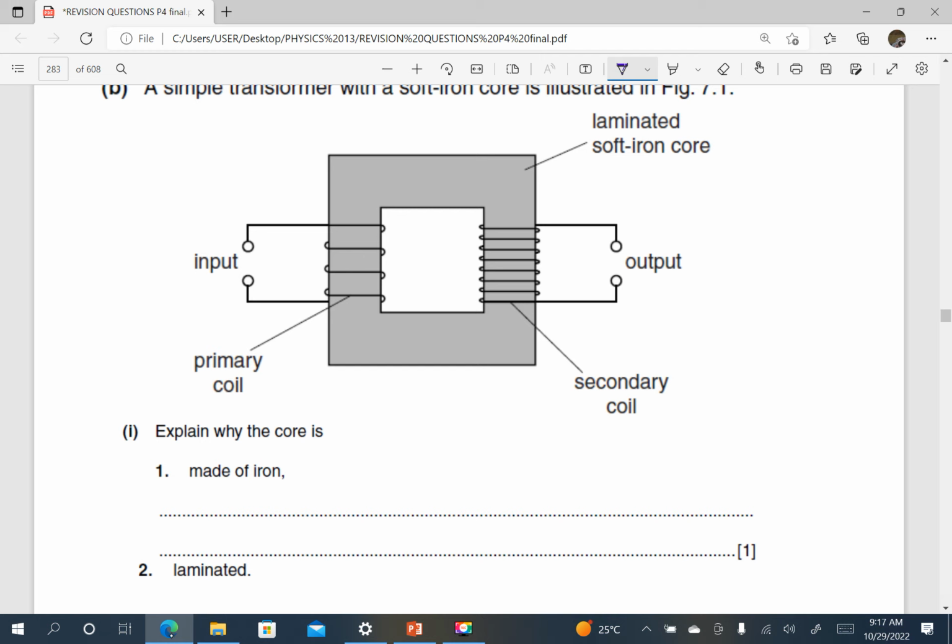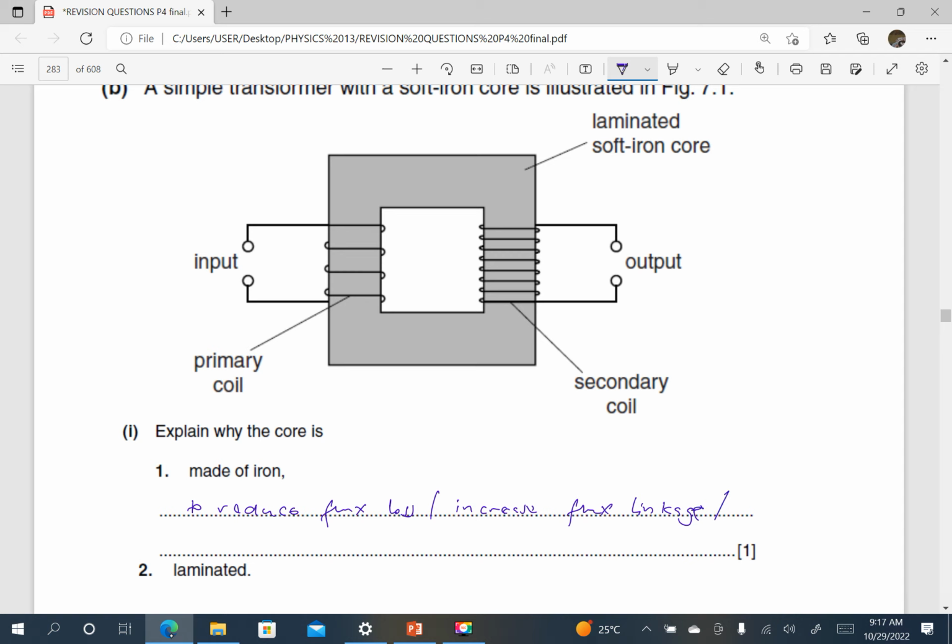So the purpose of iron is to reduce flux loss. Not to reduce the magnetic flux, but to reduce the flux loss. Iron reduces flux loss. In fact, it increases flux linkage.